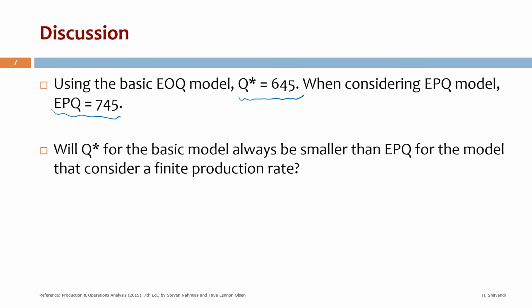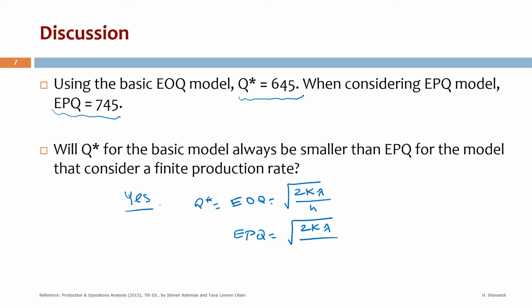I mean, should EOQ actually be smaller than EPQ at all times with the same data? The answer is yes. The reason is that Q* for EOQ is the square root of 2Kλ over H, right? And the EPQ is the square root of 2Kλ over H prime.